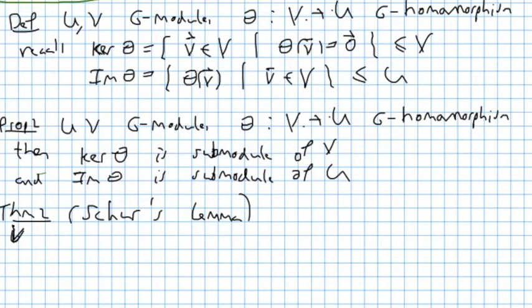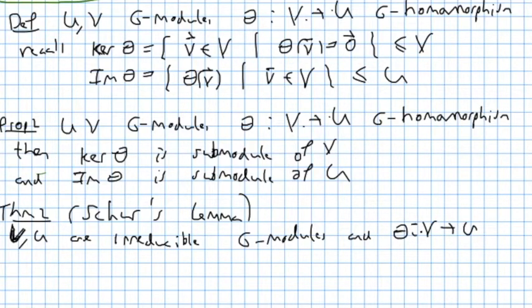If we have that V and U are irreducible G modules, and we have a G homomorphism theta from V to U, then two things can happen.